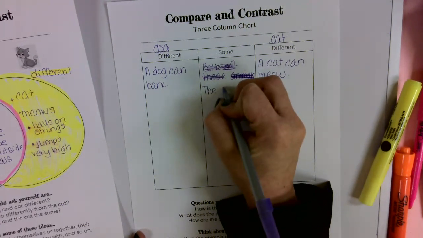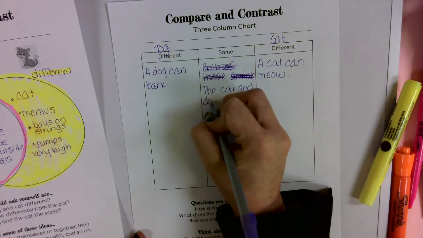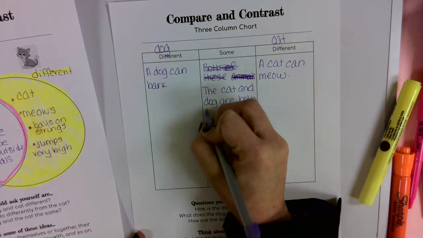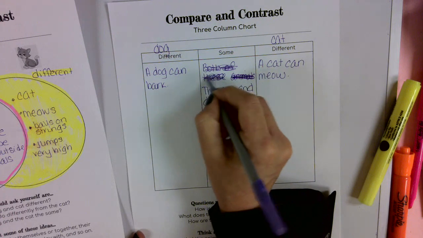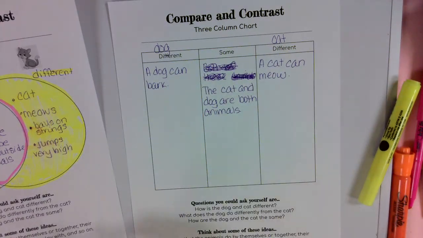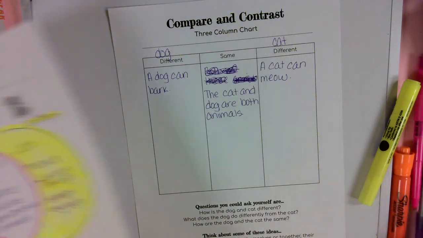The cat and dog are, there we go, both animals. See, everyone makes mistakes. I just didn't get my idea down correctly. But you can use all these to put into sentences for yourself.